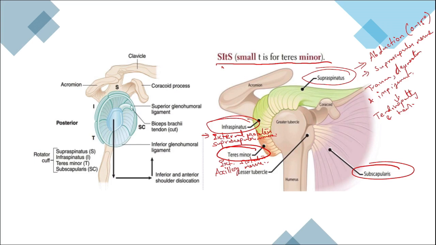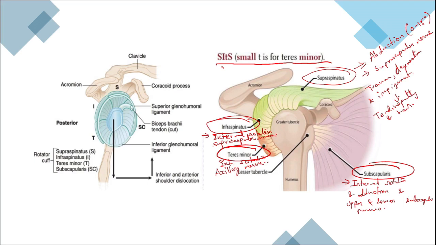Okay, next subscapularis. This is very important because it is unique. It does the movement of internal rotation and adduction, and it is innervated by the upper and lower subscapular nerves.